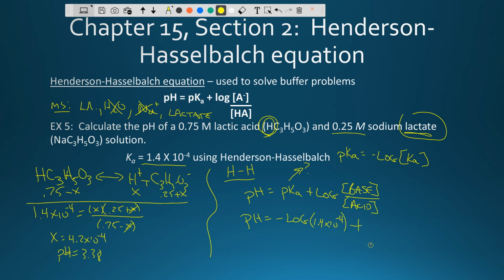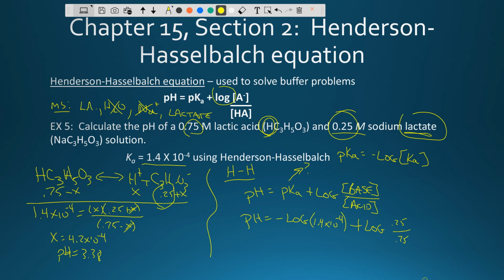Now we're going to add that in my equation. We're going to add that to the log of the concentration of my base. And what was the concentration of my base again? Where do we find that? Oh, we find it from the problem itself. This is my base, the 0.25, and what did I have for my acid? I have the 0.75.